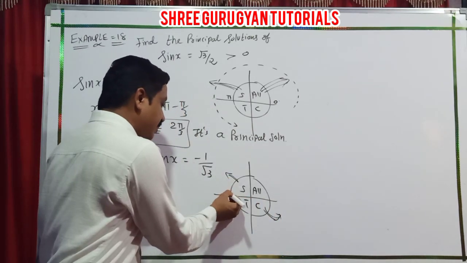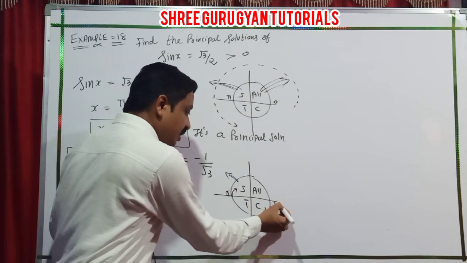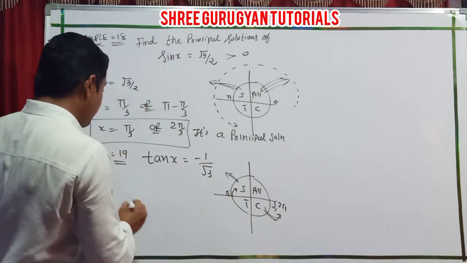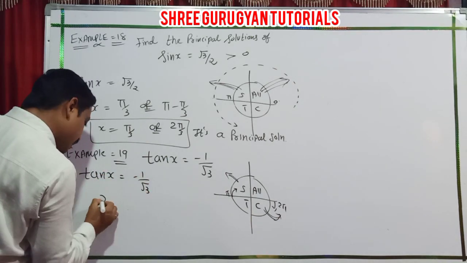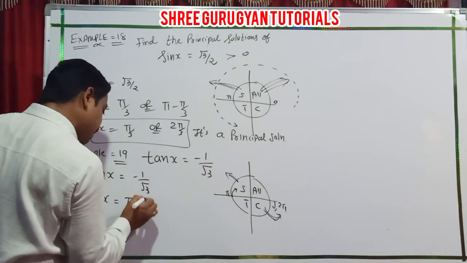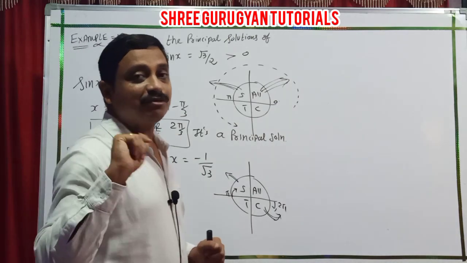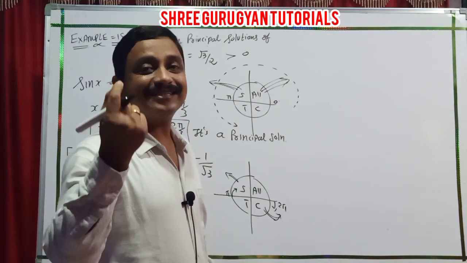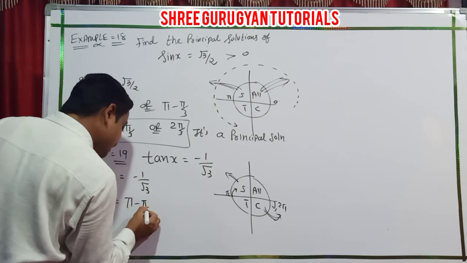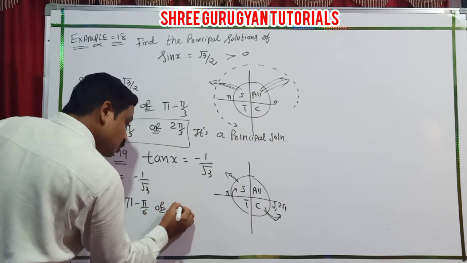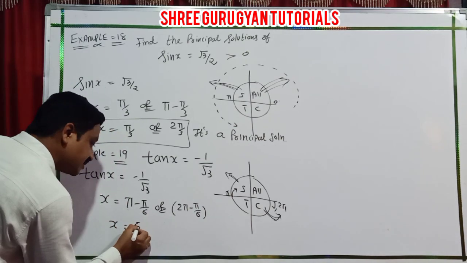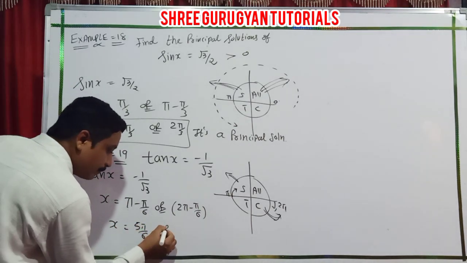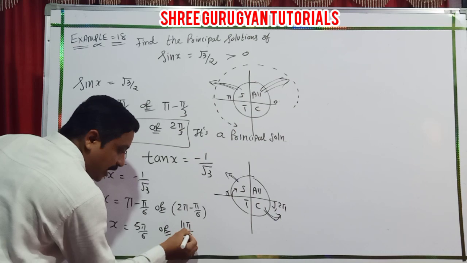Second quadrant is pi minus and fourth quadrant is 2 pi minus. So your tan x is minus 1 by root 3. Your answer x in the second quadrant is pi minus. When tan is 1 by root 3, yes, it is 30 degrees, means pi by 6. Otherwise 2 pi minus pi by 6. So you get students the final answer 5 pi by 6 or 11 pi by 6.